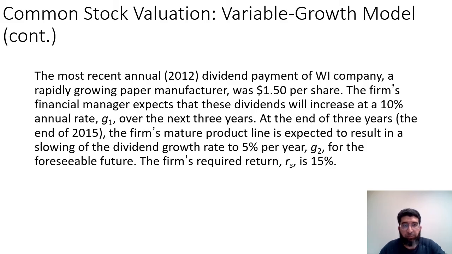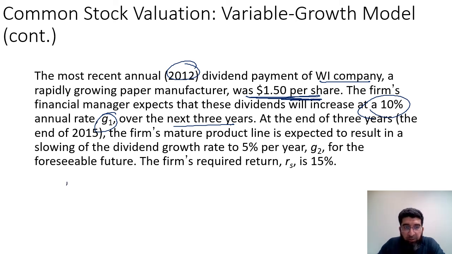So let's look at this example. The most recent annual dividend, in 2012, payment of WI Company, a rapidly growing paper manufacturer, was $1.50 per share. The firm's financial manager expects that these dividends will increase at a 10% annual growth rate, which is g1, over the next 3 years.